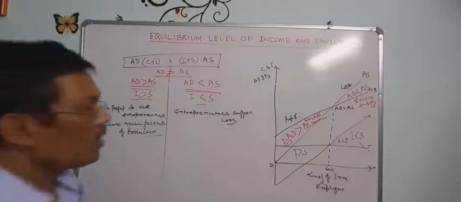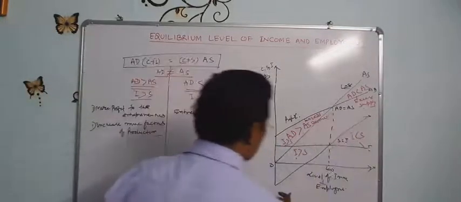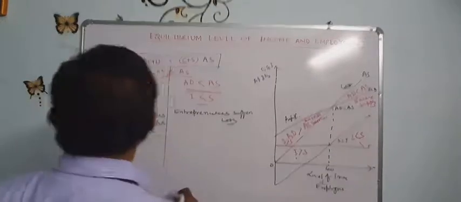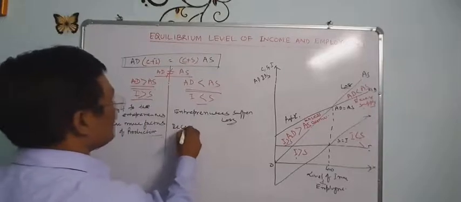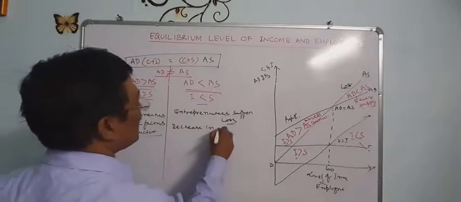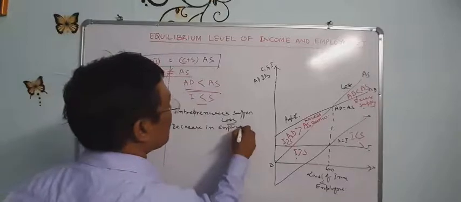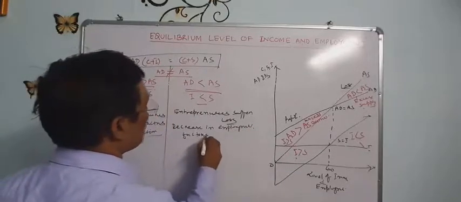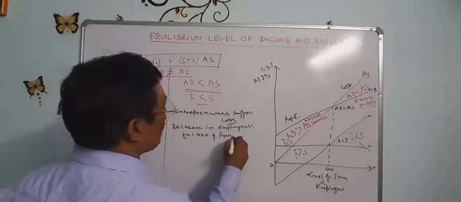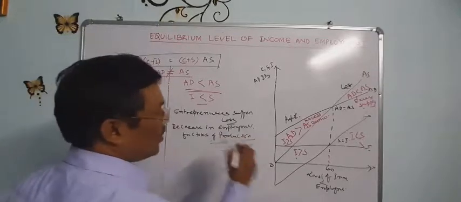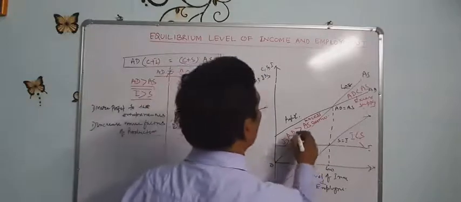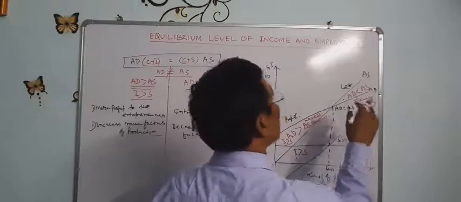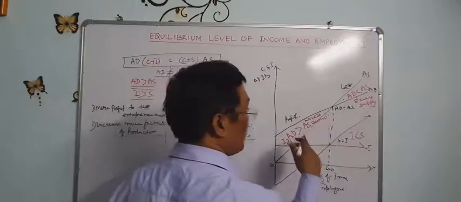But when AD is less than AS, demand is less, and at that time there is a decrease in employment of factors of production, because in this case there is little or no demand in the market.